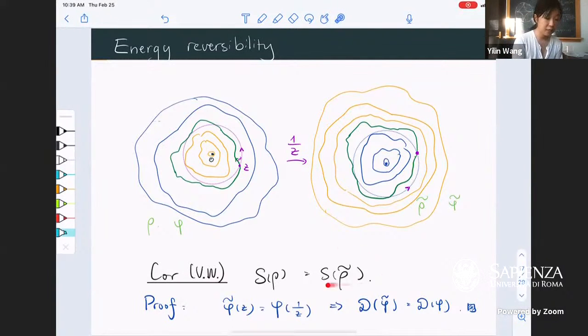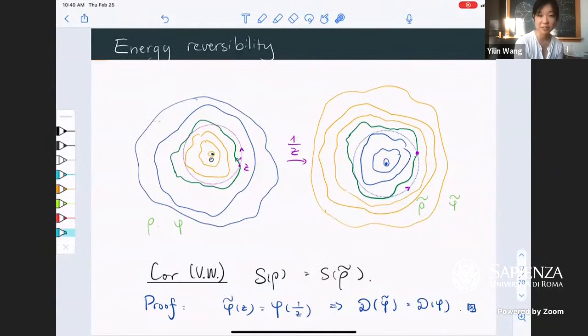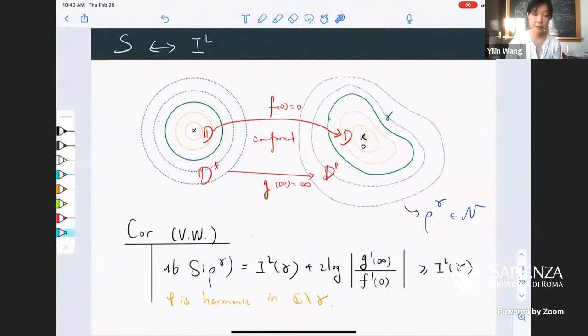Somehow this result suggests that the very large kappa SLE, more specifically the whole plane SLE kappa, if you know what that means, is reversible. So this is not known. If someone is interested in proving it, at least it's suggested that in the large deviation regime they have the same large deviation rate function.